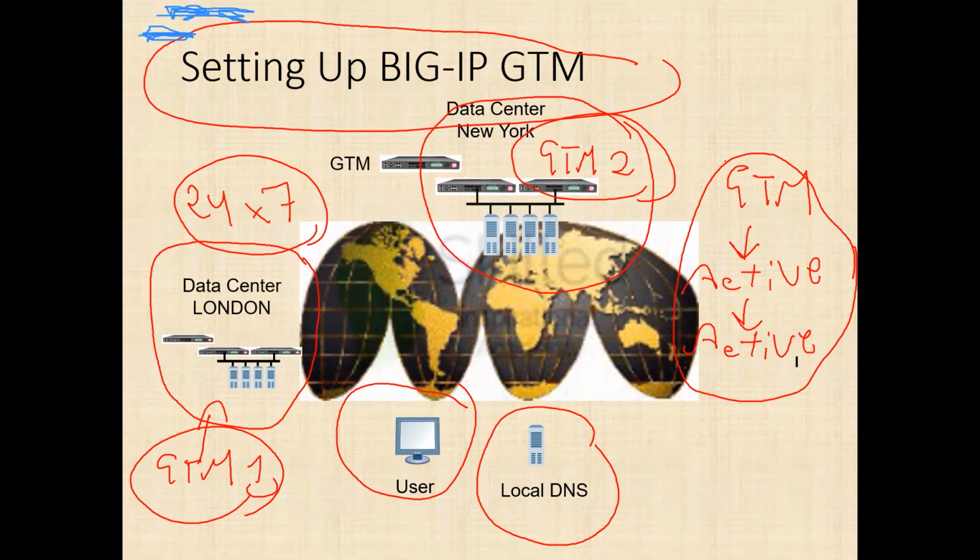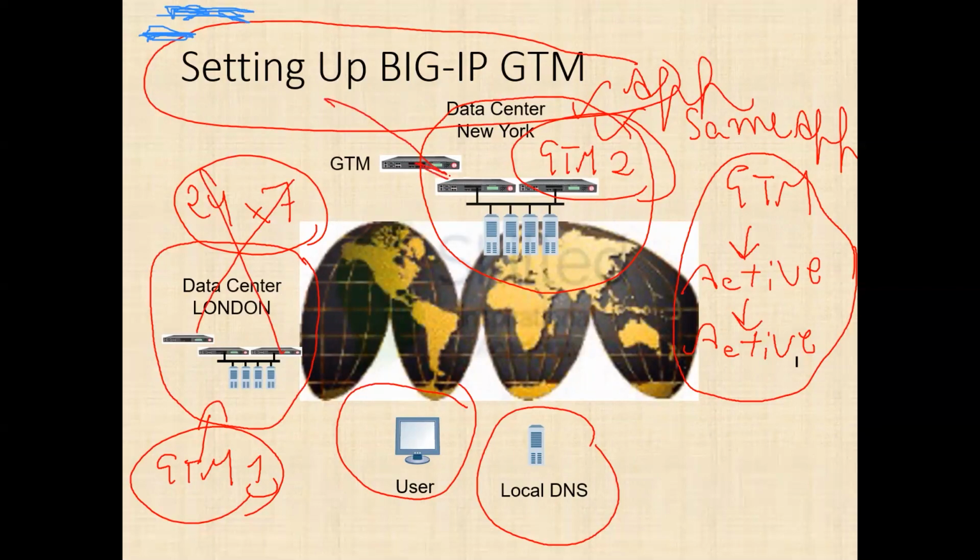The same application would be deployed in London and the same application would be deployed in New York. If one data center goes down, say London goes down, all traffic will go to New York. And the LDNS would have name server entries for both GTMs. I will go into detail later on. So this is how the setup is. In our case, we are using high availability. All are active.